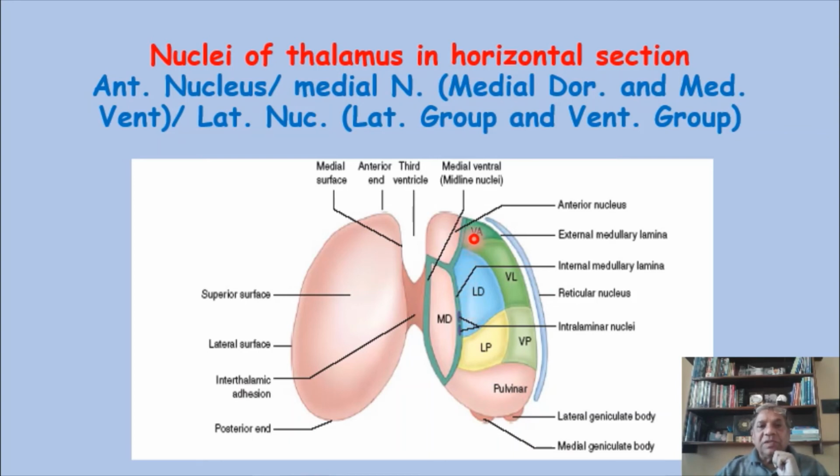Then we go to the lateral ventral group of nuclei in the lateral subdivision. So the major subdivision was lateral, in which there was a dorsal group with three nuclei: lateral dorsal, lateral posterior and the pulvinar.